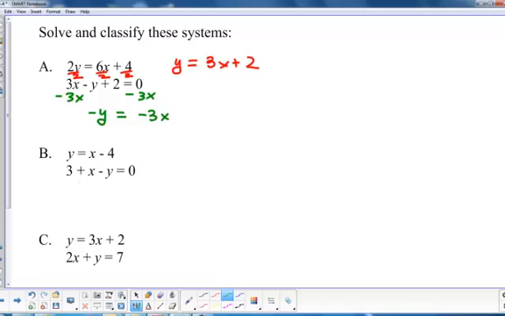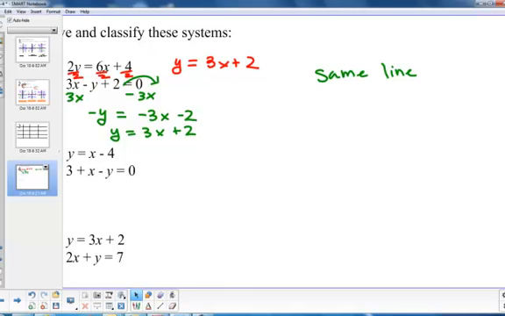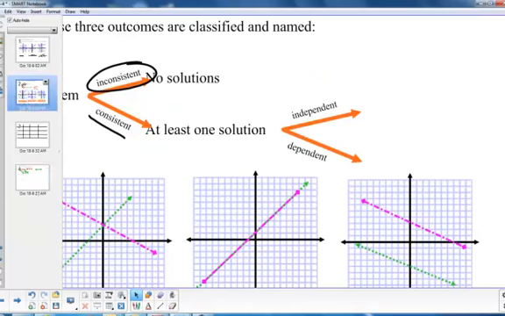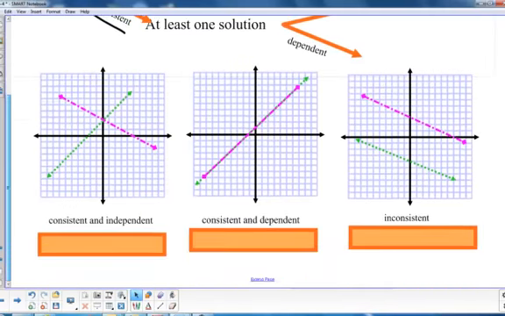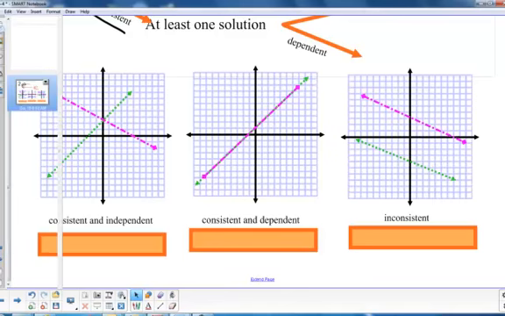I'm going to actually bring the 2 over also. Minus 2. So positive y is positive 3x plus 2. So this is the same line. So do you remember what that's called? If you go back here, same line is called coincident, or consistent and dependent.